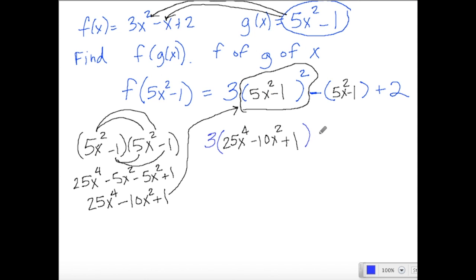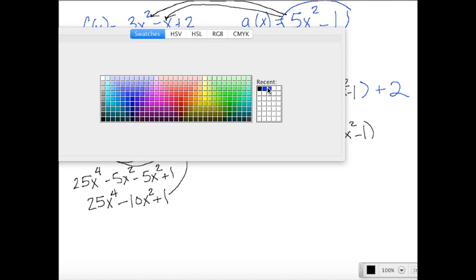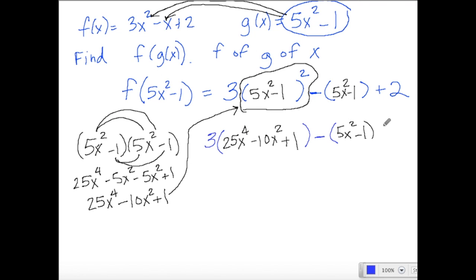So this part right here is minus, and then this is black, 5x squared minus 1, and now I'm back to blue. I use the two different colors to help you see that what I am doing is literally putting one function inside of another function. So I'm putting the black function, which was the 5x squared minus 1, inside of the f of x function, which is the blue function.